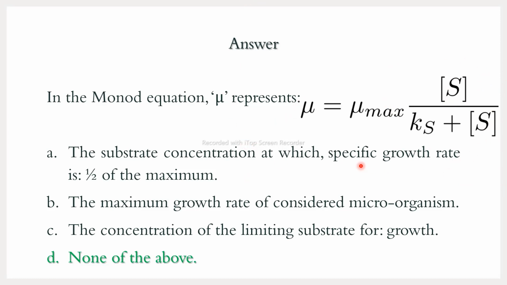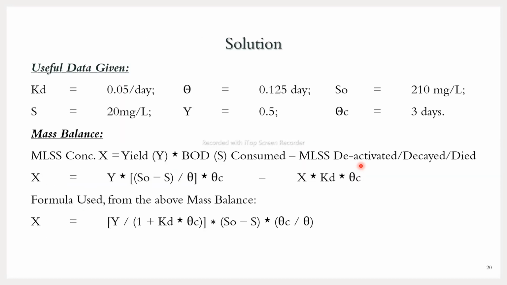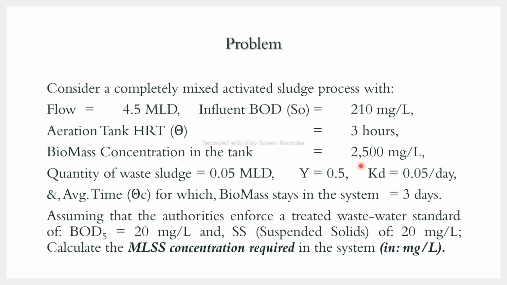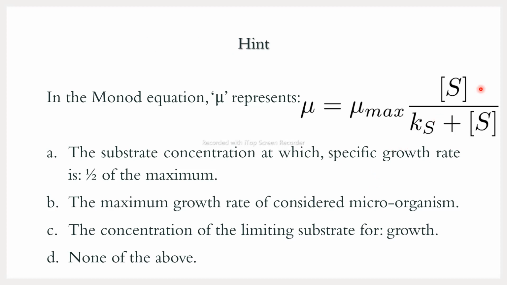Let's say in the problem we earlier saw for our BOD, if instead of giving the Y value, they told us that the growth of the microbes simply follows the monod kinetics, and instead of kd, they have given the value of Ks, then you have to use the monod equation, that is given as: mu equals mu max into S divided by Ks plus S. Here the S will be that difference, 210 minus 20 equals 90, or some data will be given like that accordingly. So instead of following the yield equation, it will simply follow the monod kinetics.